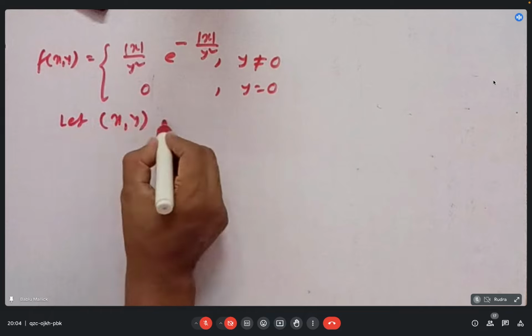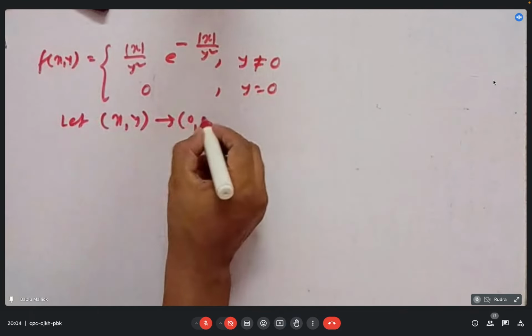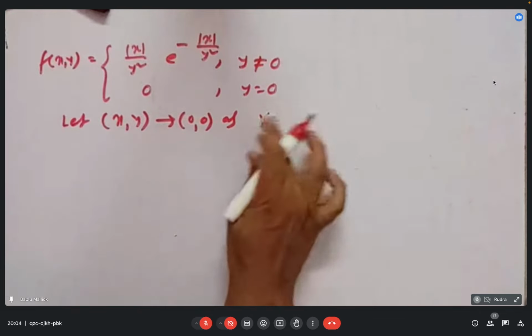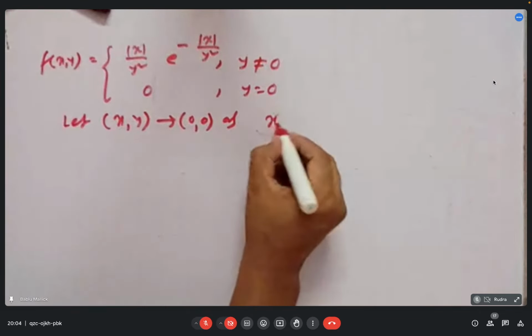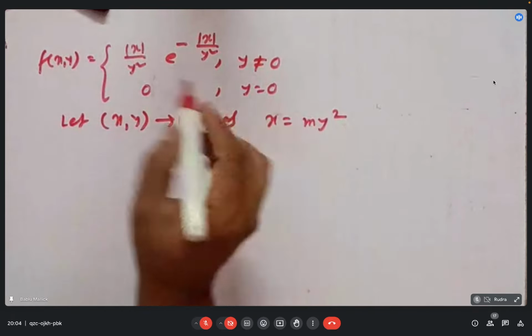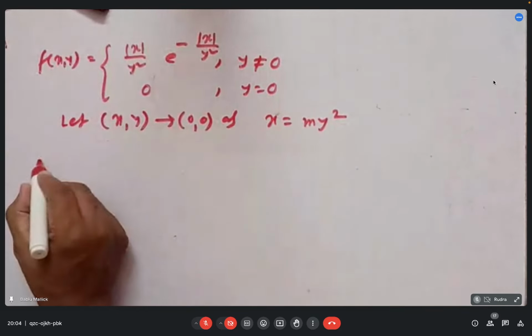Let (x, y) tend to (0, 0) along the path x is equal to m y square. So here put x equal to m y square.